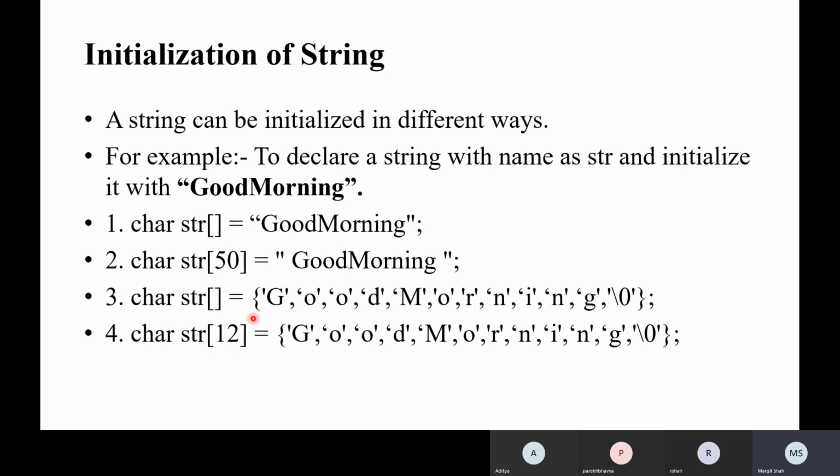Then char str[] with individual characters in single quotation marks is also possible: 'G', 'o', 'o', 'd', ' ', 'm', 'o', 'r', 'n', 'i', 'n', 'g', and \0. Explicitly we pass \0 because this is a string, right? Then str[12], again good morning and \0. So this is how we can do compile time initialization of a string.